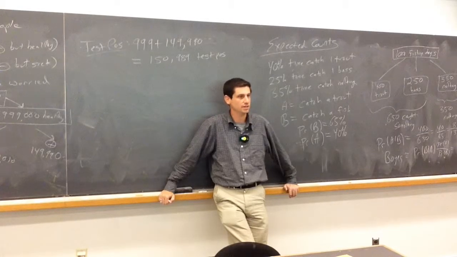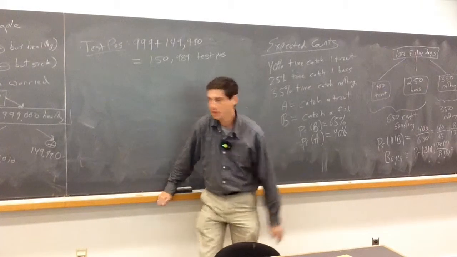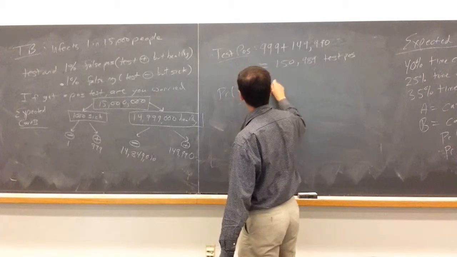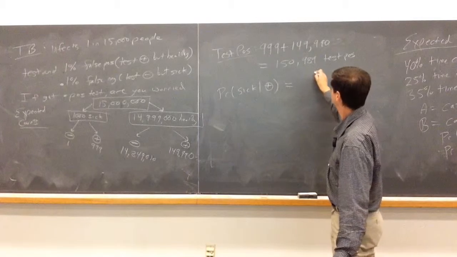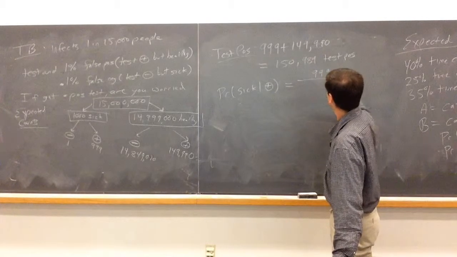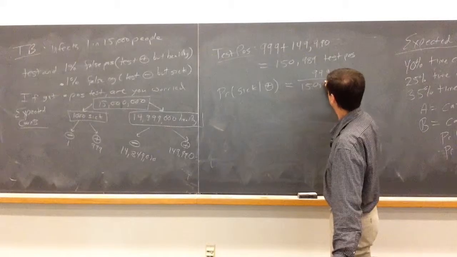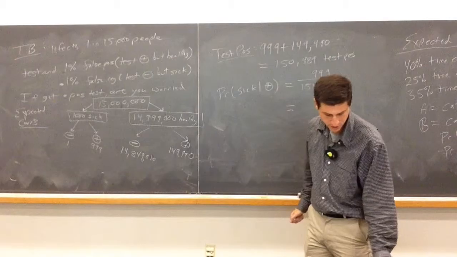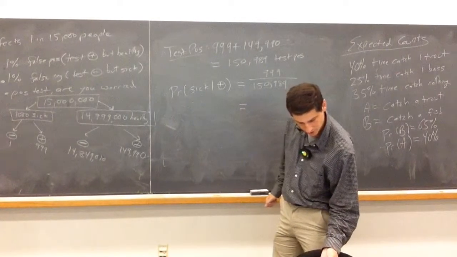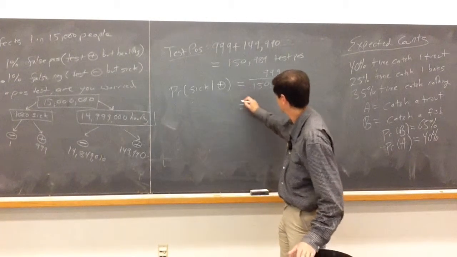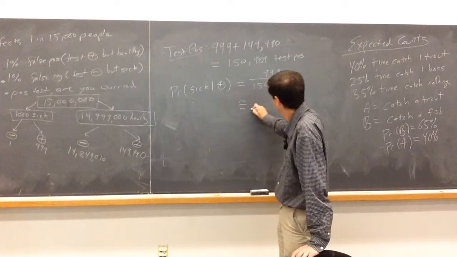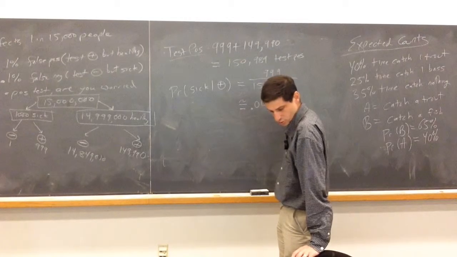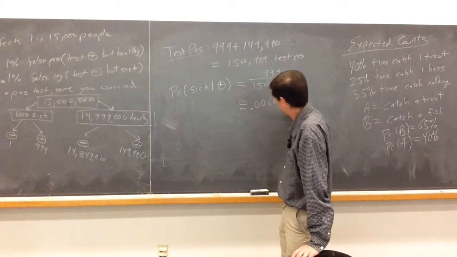How many of them are actually sick? So the probability that you're sick, given you test positive, well, I have 999 who are sick, and I have 150,989. Did I bother writing this in lowest terms? No, I just did an approximation. So it's about 0.00661637.